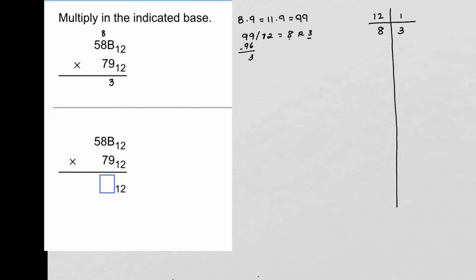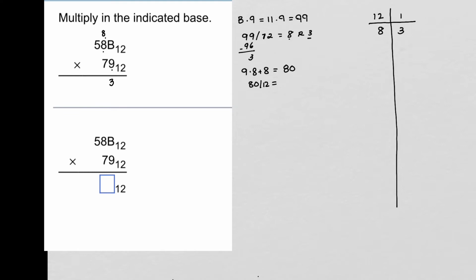So now I'm going to multiply 9 times 8, and then add that 8 that got carried. So 9 times 8 plus the other 8 gives me 72 plus 8, which is 80. And again, this is a base 10 number, so I want to divide the 80 by 12.